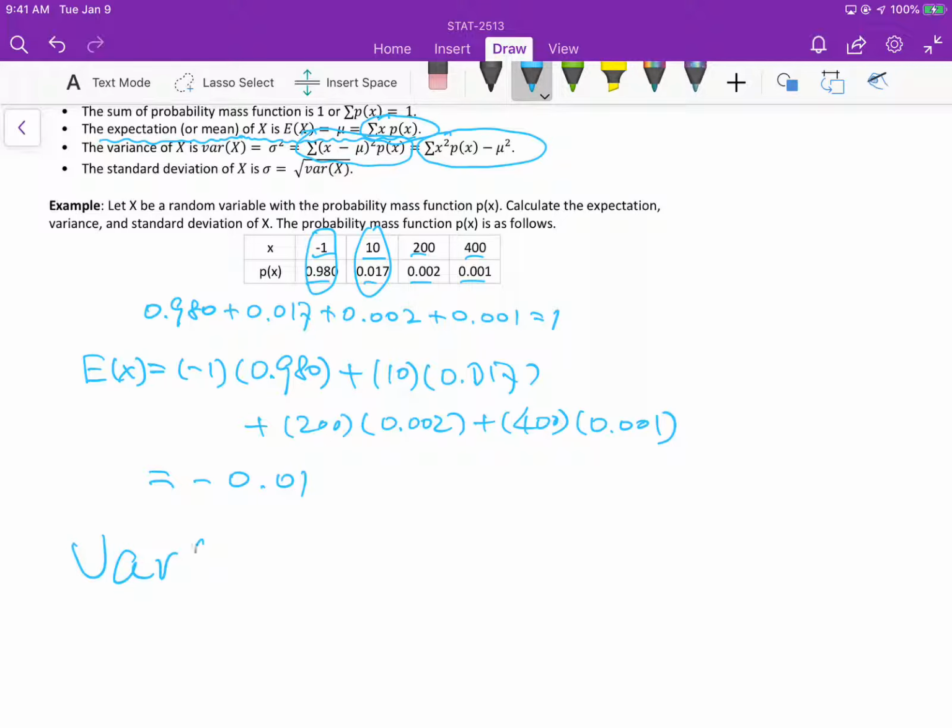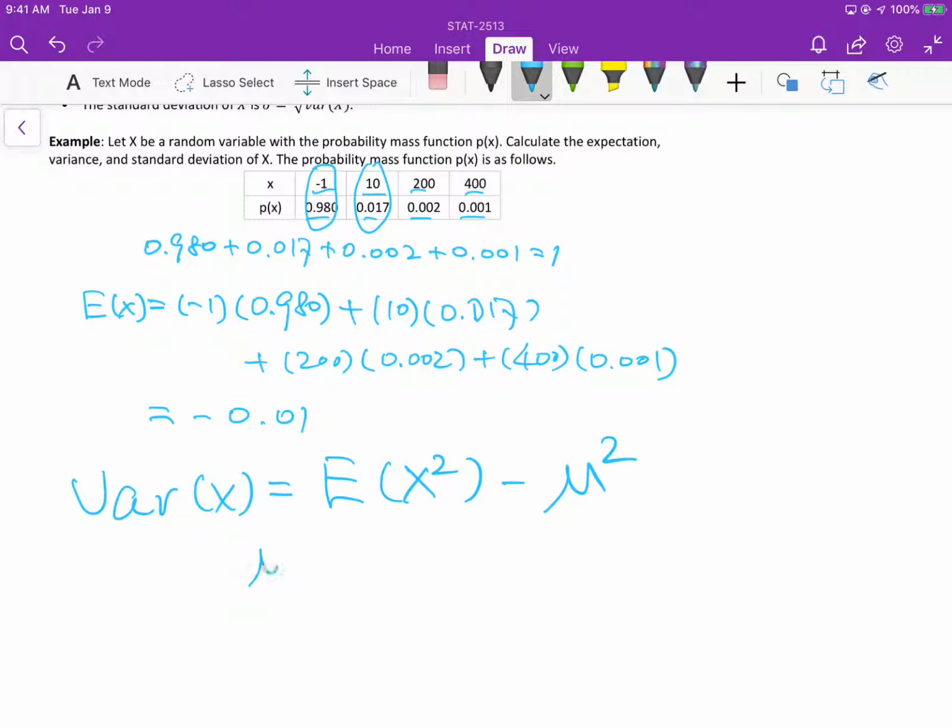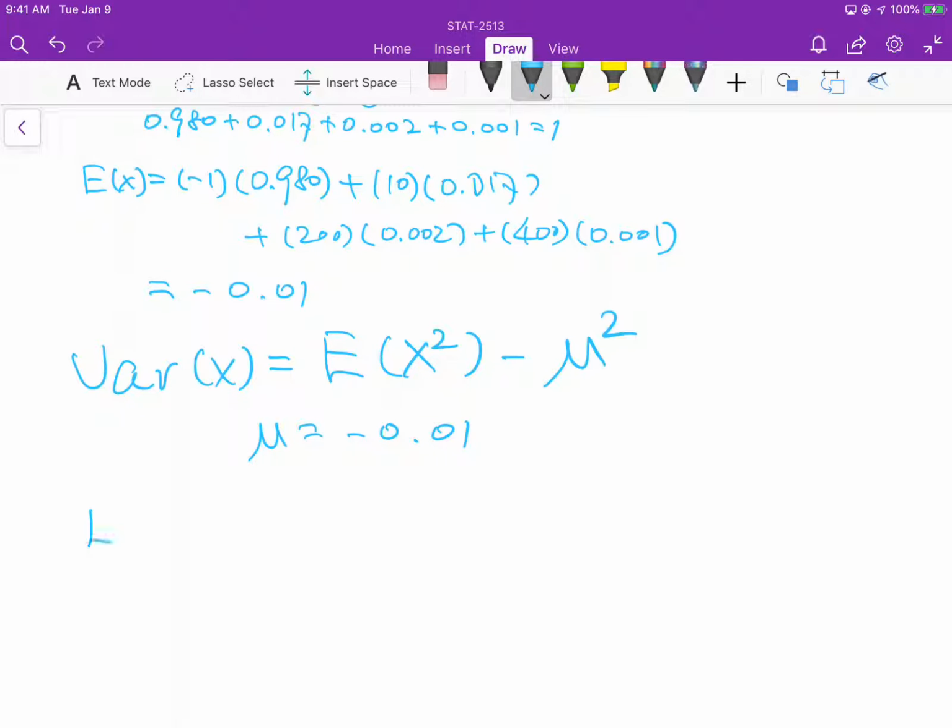The variance of x is essentially the expectation of x squared minus mu squared. Mu is just the expectation. From the previous calculation, we know mu is equal to negative 0.01. So then we only need to calculate the first part, the expectation of x squared.